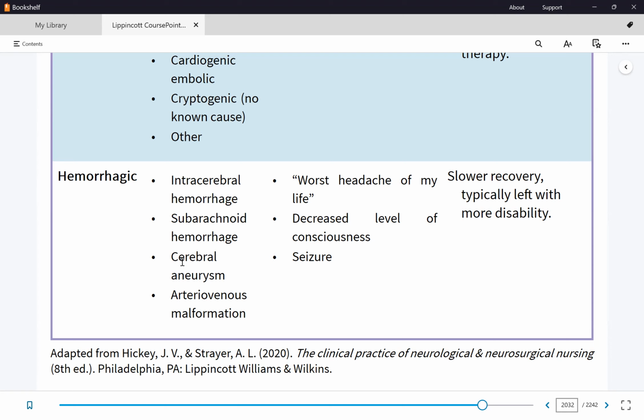So the wall of the artery dilated. It may involve one side or the entire circumference of the artery. Either way, an aneurysm is a ticking time bomb. So once you have another hypertensive episode, the weakened artery pops, and then you have bleeding.